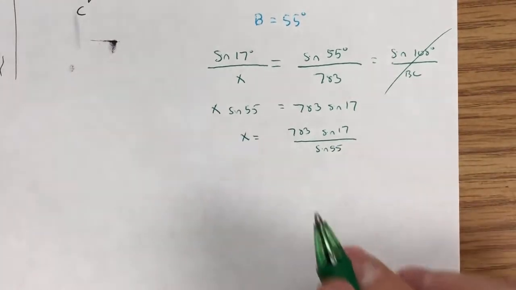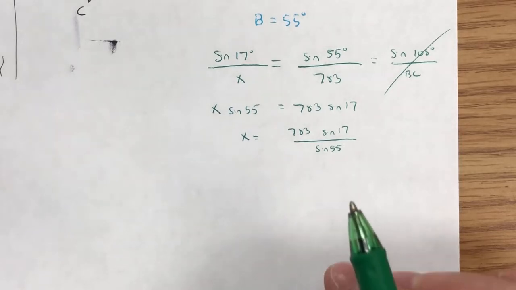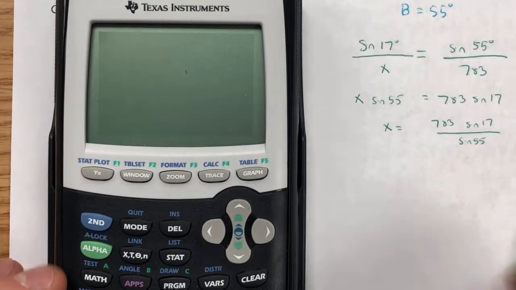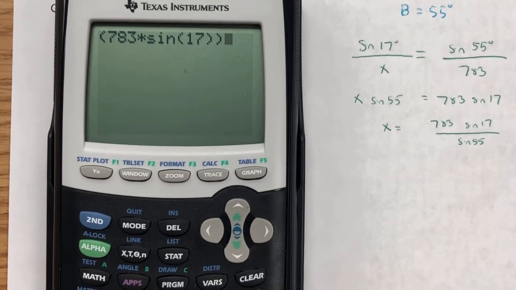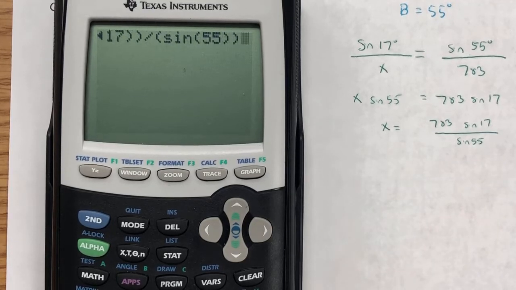Do we need to round to the nearest degree? Nope, it doesn't say anything about that. So I'm going to pull out my calculator and say, numerator, what is 783 times the sine of 17, divided by denominator, the sine of 55, close denominator.